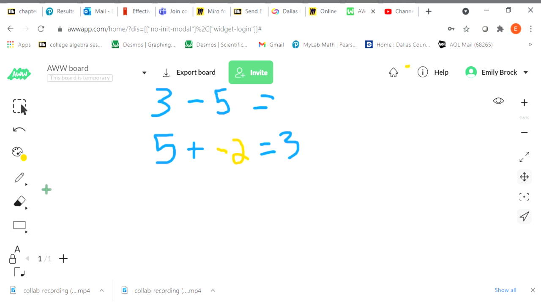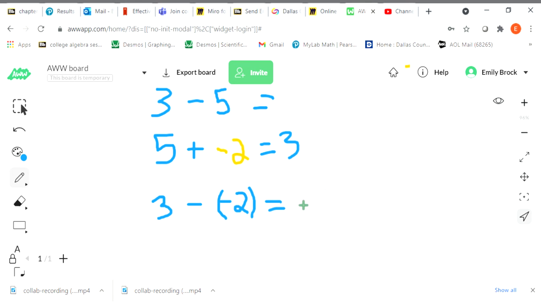How about, oops, get back to my pencil. Change it to blue again, I guess. Say we have 3 minus negative 2. And we want to know what that equals.